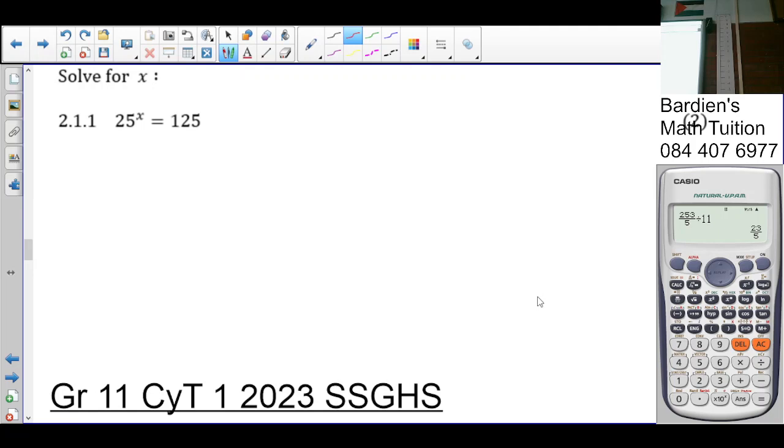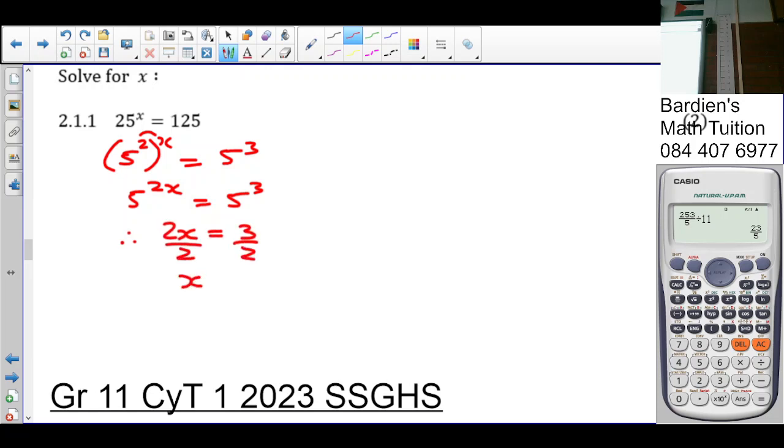Alright, so 25 can be written as 5 squared, raised to the x, equals 5 cubed. So it's going to give you 5 to the 2x is equal to 5 cubed. Therefore, the bases are the same, the exponents are equal. So 2x is equal to 3, divided by 2, x is equal to 3 over 2.